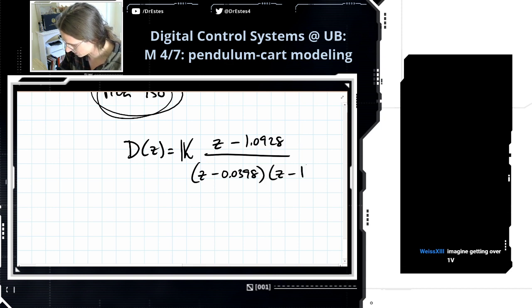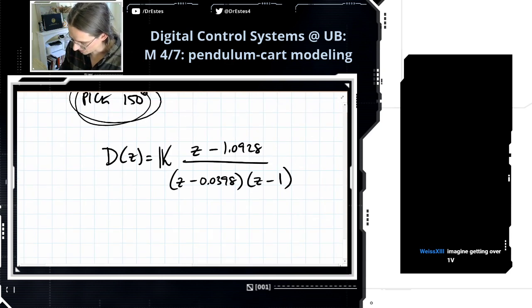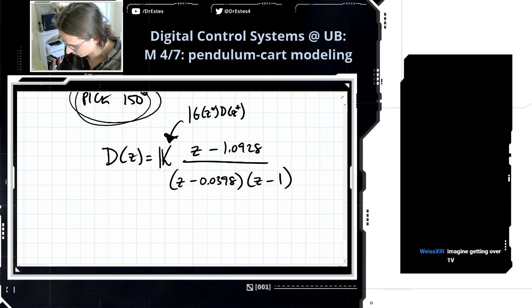And then I had z minus 1 as one of these. And I don't have the gain yet. So you have to find the gain such that the magnitude criterion is satisfied.